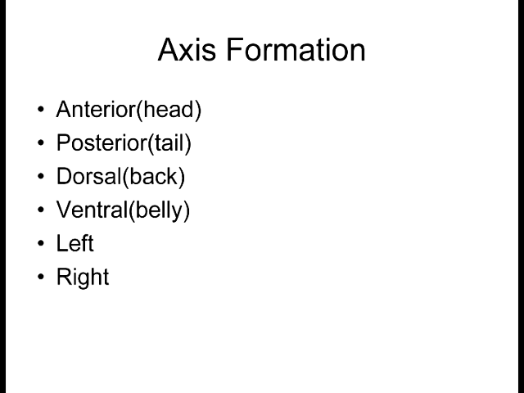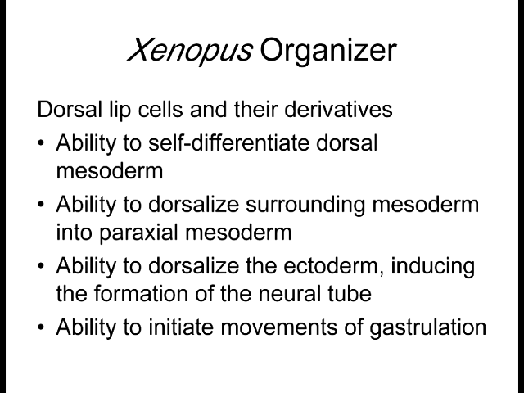So here is the universal concept about organizers. Organizers have the ability to self-differentiate typically into dorsal mesoderm. So in many cases, they can receive their own inductive signal. They're kind of self-differentiating to be able to release, what do we call it, autocrine signaling, as we've mentioned.